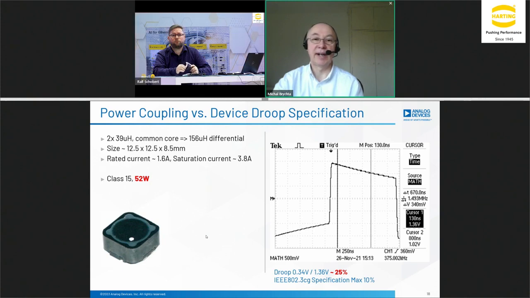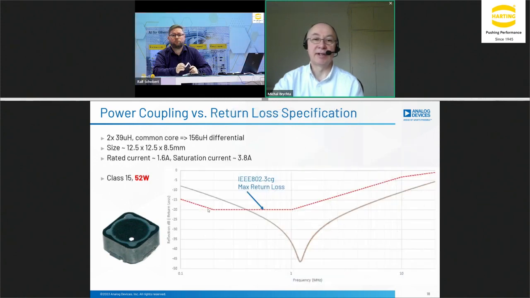The same goes for return loss: at low frequency that inductor would violate the specification. So there is a trade-off between inductance, which is related to the physical size of the inductor and how much space it takes in the application, and the power it can deliver.